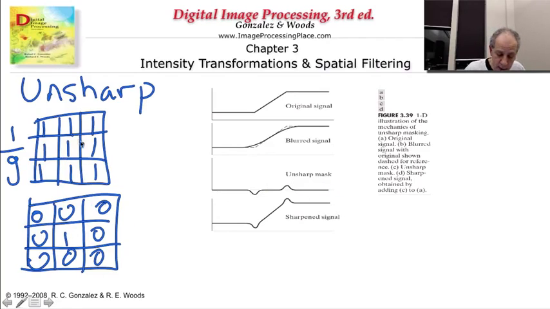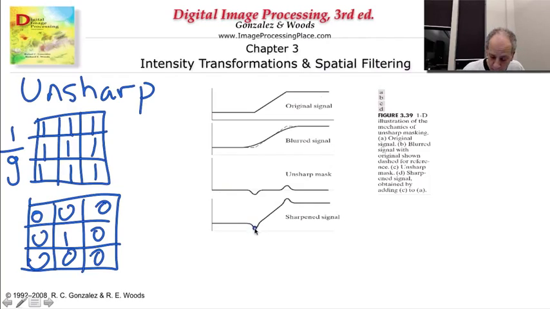So if I subtract from this, I will get a 0 in the middle, and basically I won't get a 0 if I normalize, but I will get 8/9, a positive number, and every place else I will get minus 1/9, a negative number. That's kind of a derivative, as we saw before, kind of an implementation of derivatives in the horizontal and vertical direction combined. We take that result and we add it to the original image.